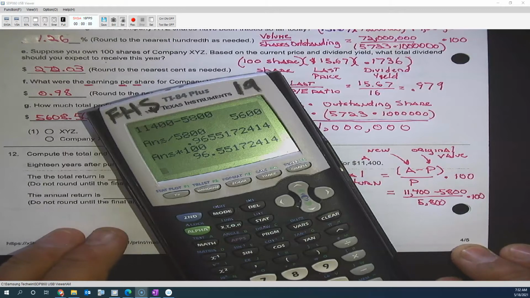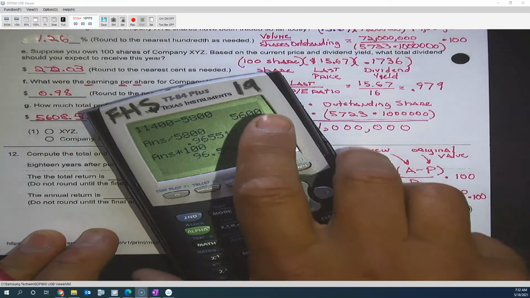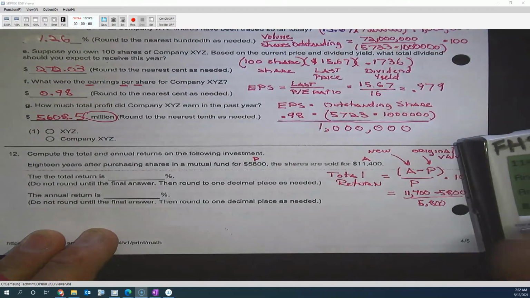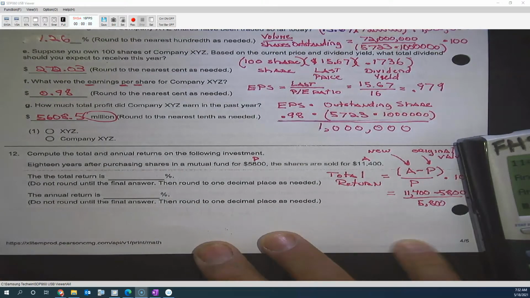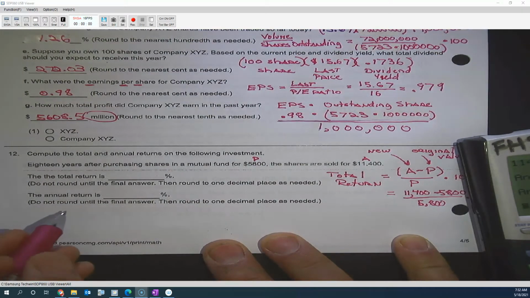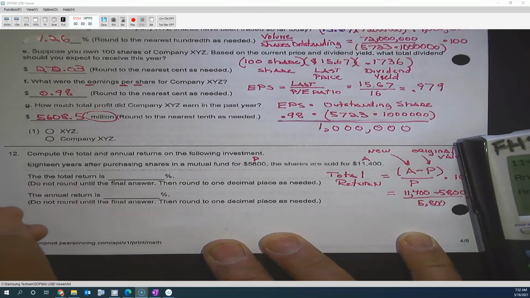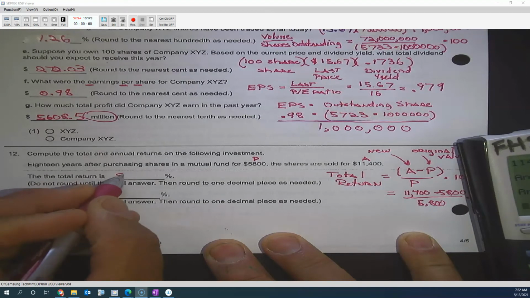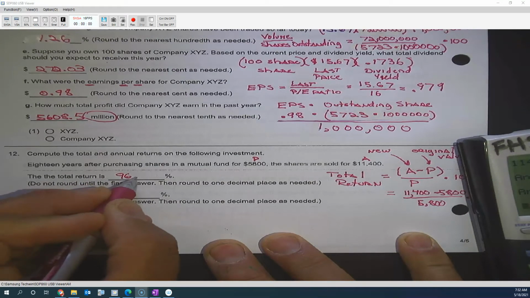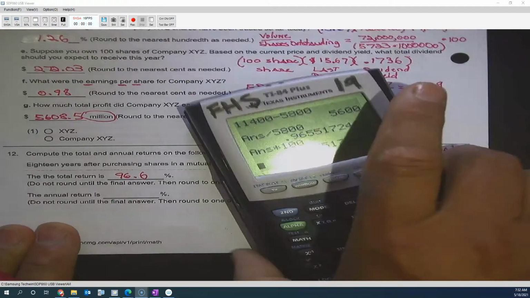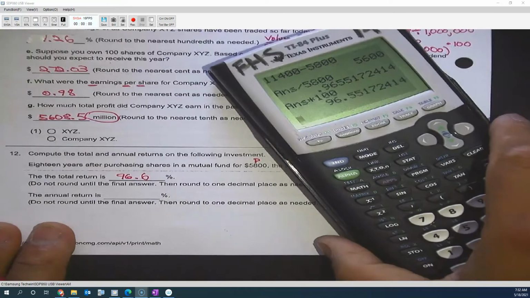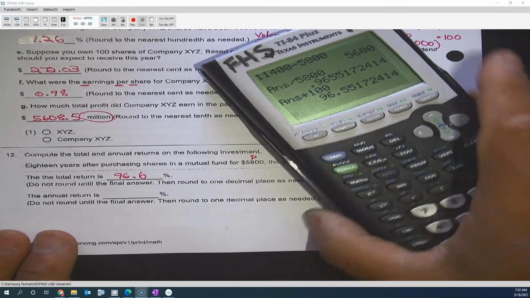All right, and we get a 96% annual return, or total return. Let's see, round to the 96.6.